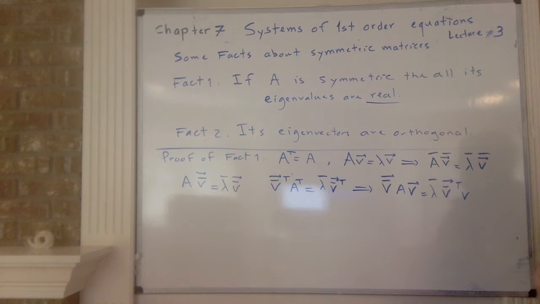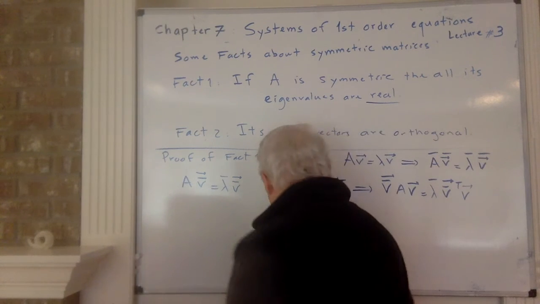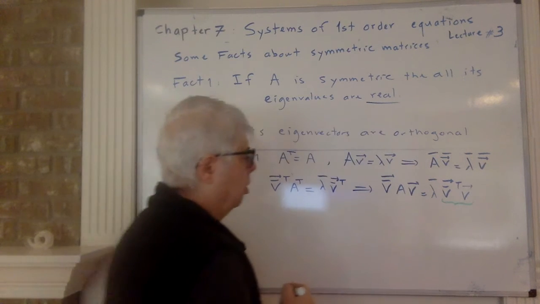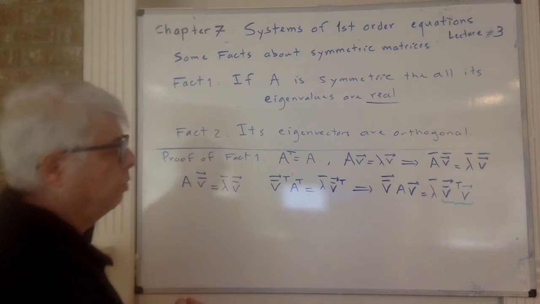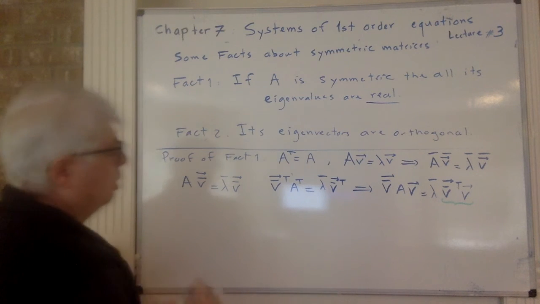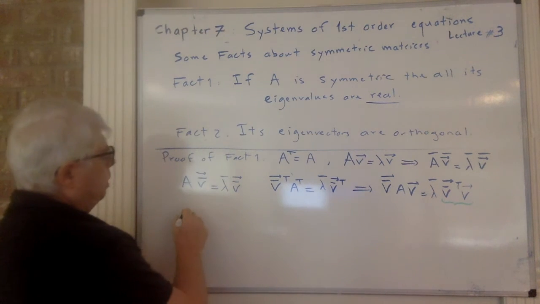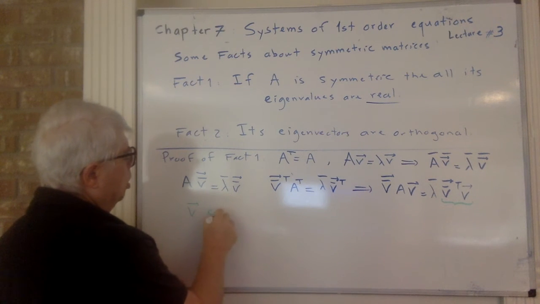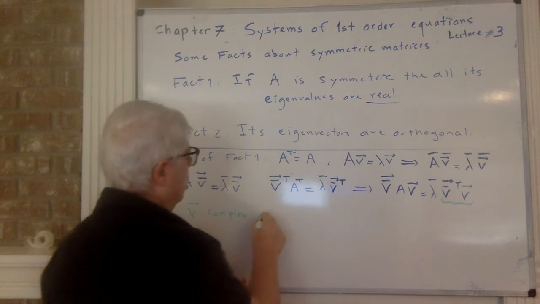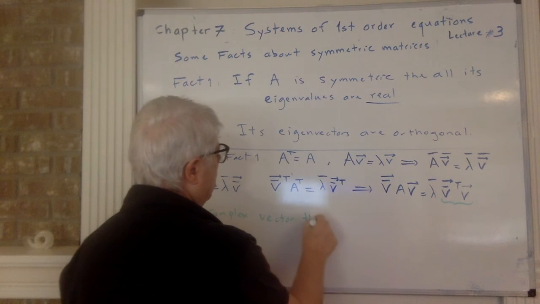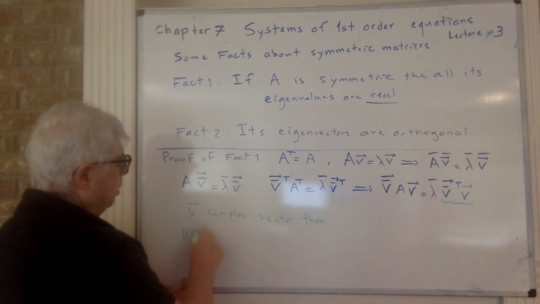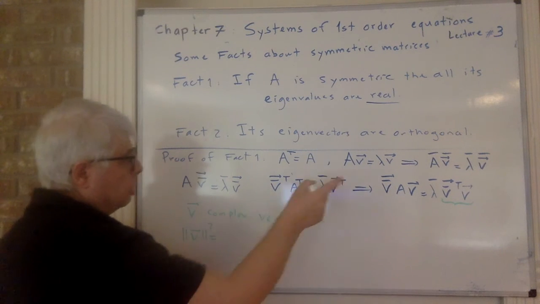Okay? And V is the vector. Now let's look at this thing here. Well, this is in fact the magnitude of vector V as a complex vector. If V is a complex vector, then the magnitude of V is, well, let's write the square because that's in fact the square.